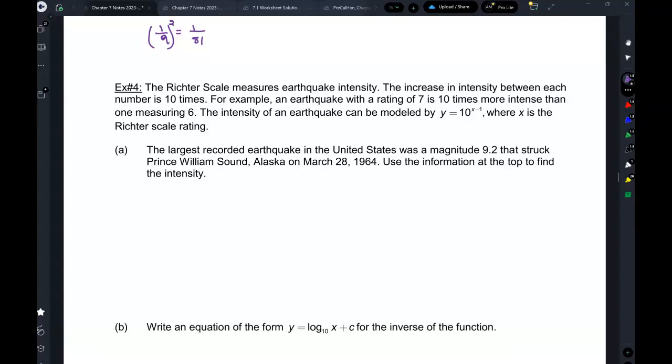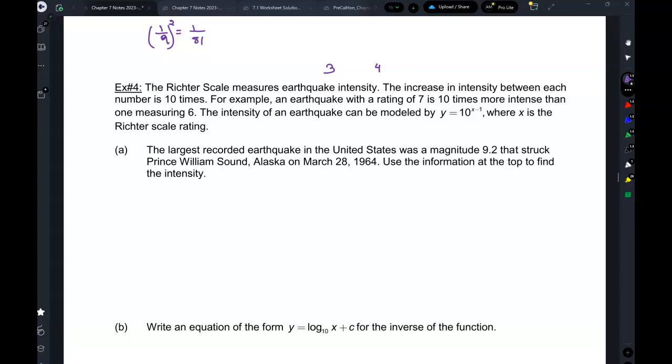So for example, if you have a magnitude of 3 versus a magnitude of 4, to you it's one number, but really, to go from a 3 to a 4, the earthquake has to be 10 times as intense. So the difference between a magnitude 3 and a magnitude 5 is it's 100 times greater in intensity. It's exponents of 10, all right?